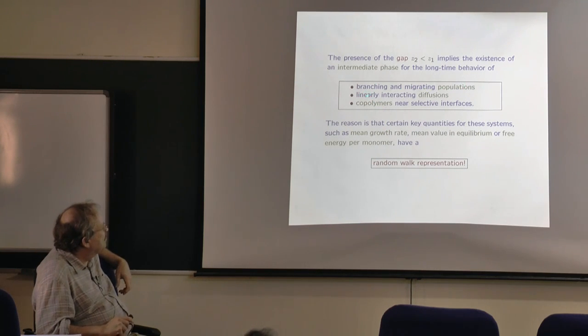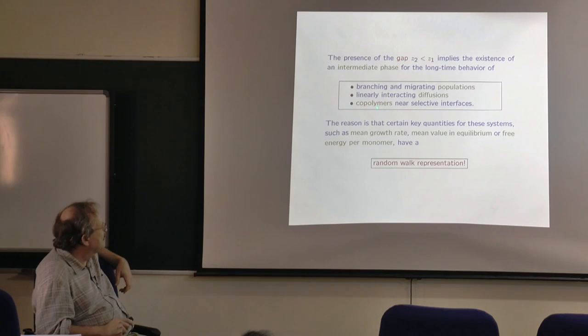There are models of particles that branch and that move around. I don't have time to really go into the details of what these models are, but there is a model of branching migrating particles. There's a model of diffusions that are labeled by the lattice and that are interacting, and there's a model about copolymers.